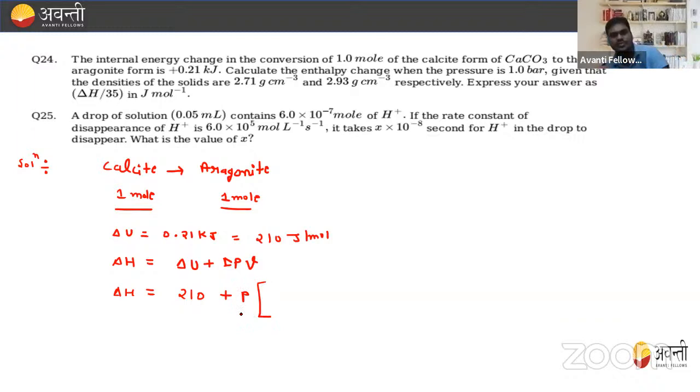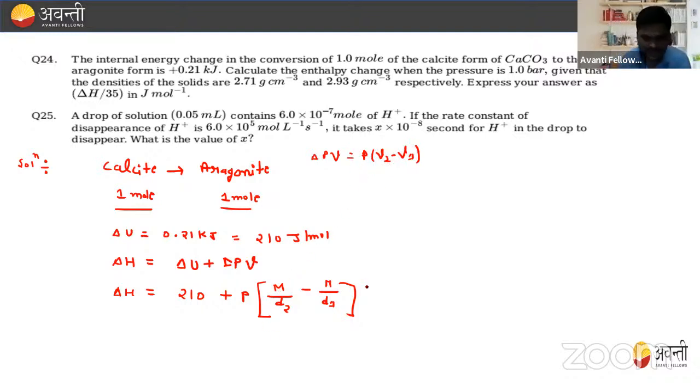In terms of density, volume is mass upon density. So delta PV is P into V2 minus V1, where V2 is M upon D2 minus M upon D1, and this is into 100.